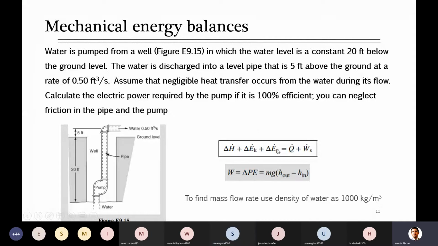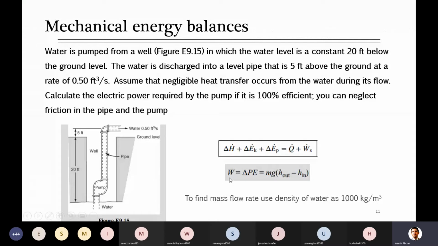So what is happening here? Is there any change in potential energy? Is there any change? Height. Yes, sir, height. Height change, which means definitely there will be potential energy.